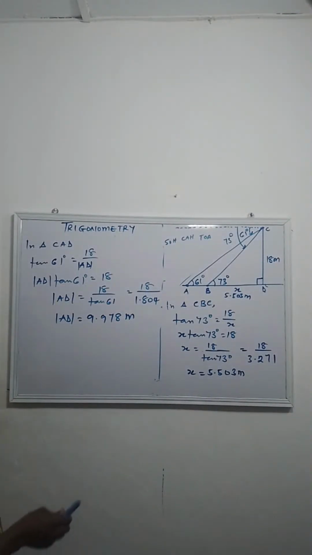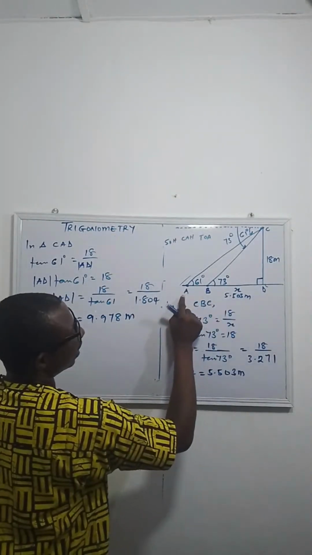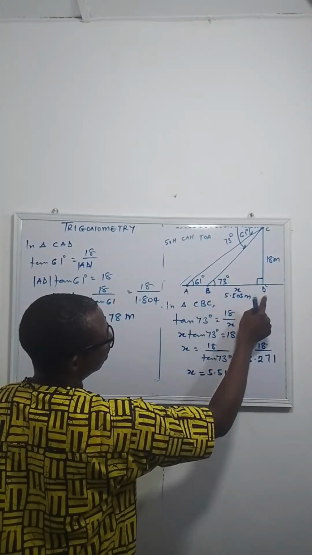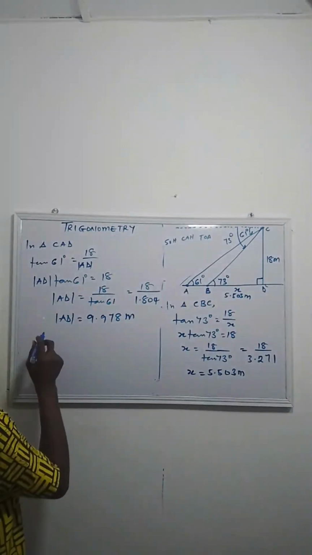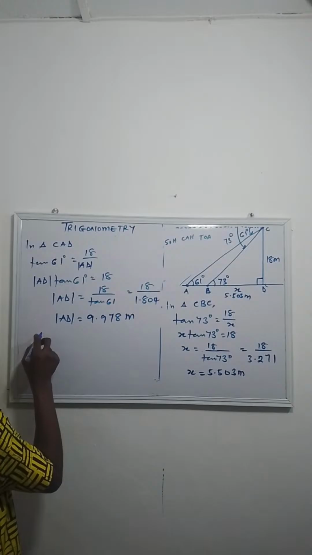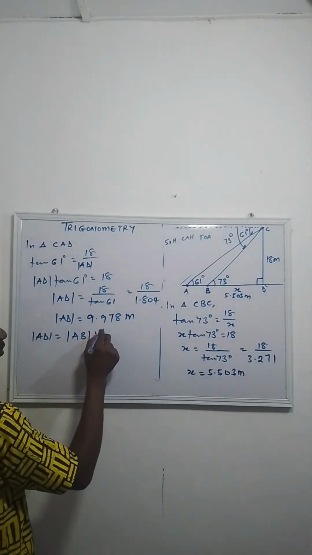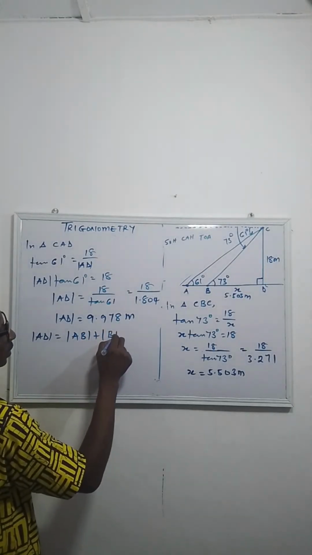All right, now don't forget, AD is AB plus BD. BD is the same thing as X. So length AD equals length AB plus length BD.